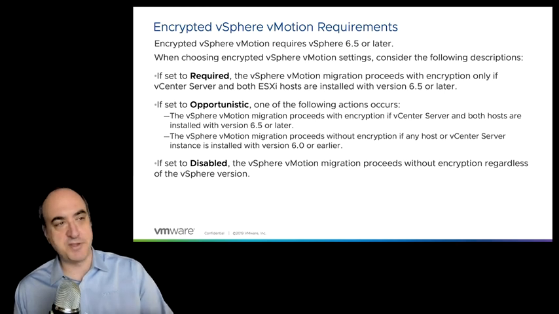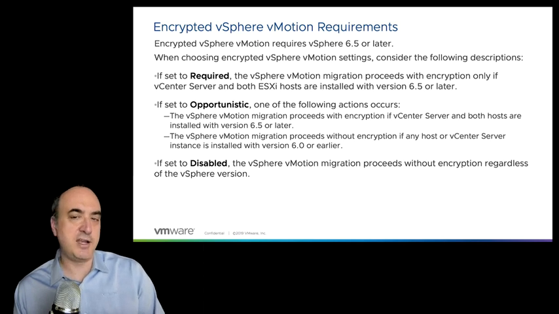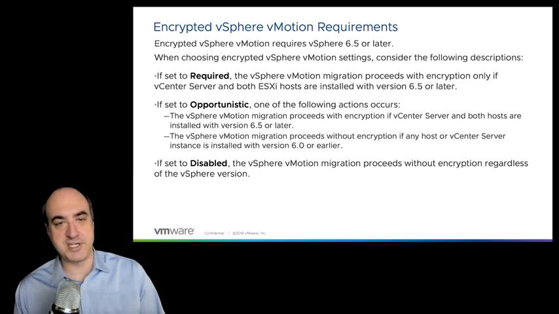So, as we just saw, if you set the encrypted vMotion setting to required, migration proceeds only with encryption if all sides meet the minimum requirements for encrypted vMotion. If it's opportunistic, it'll try, but if it can't do the encrypted vMotion, at least it will do the migration non-encrypted. And then, of course, if disabled, it won't even try to encrypt the vMotion.